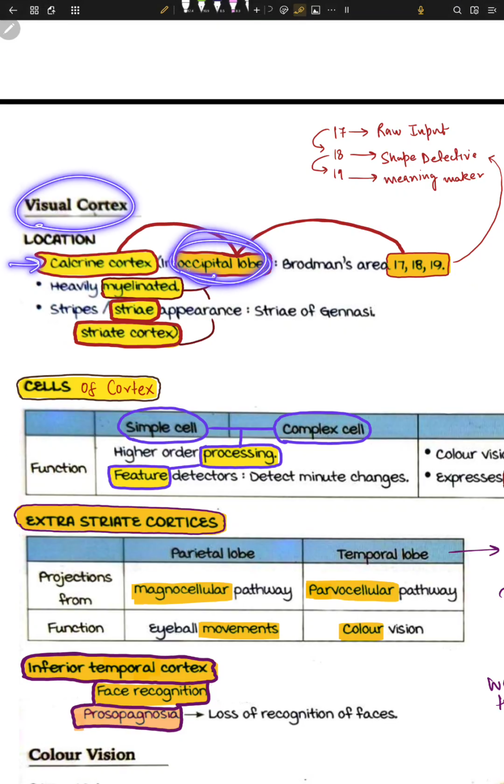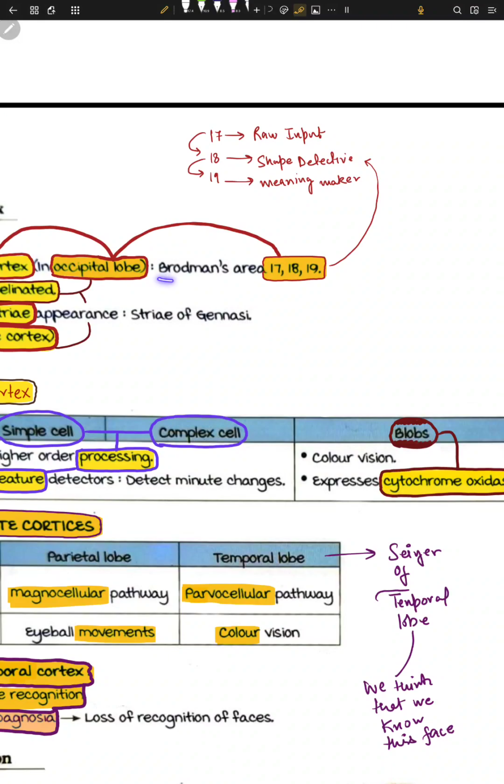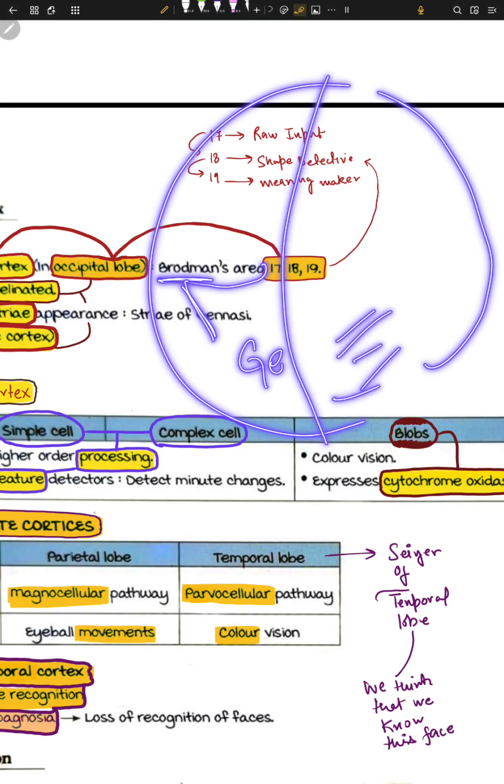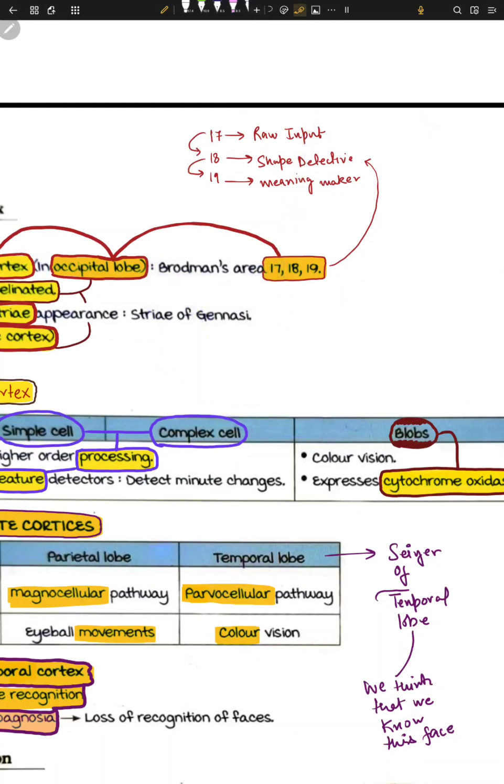And in this occipital cortex, especially, Brodmann was the name of a German scientist who gave numbers to all the parts of your working cortex. So there are a lot of numbers, like 41, 42, 25, 20, 28, 17, 18, 19. For vision, your Brodmann areas 17, 18 and 19 start working.